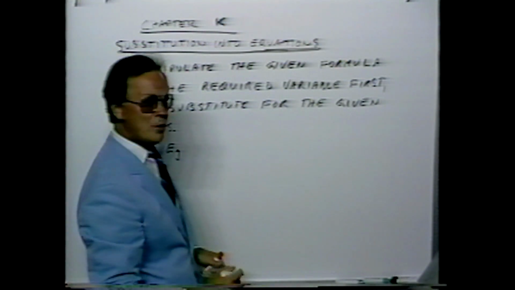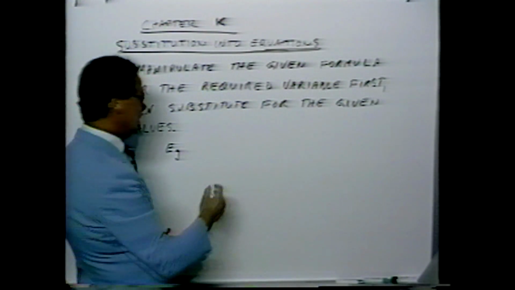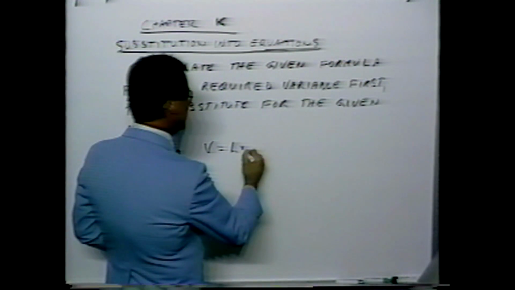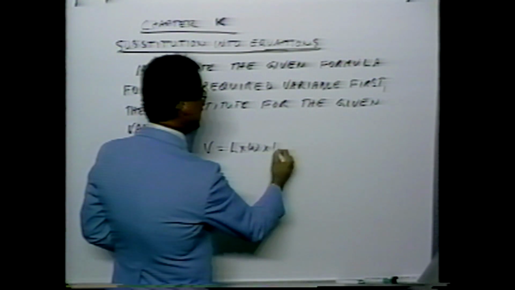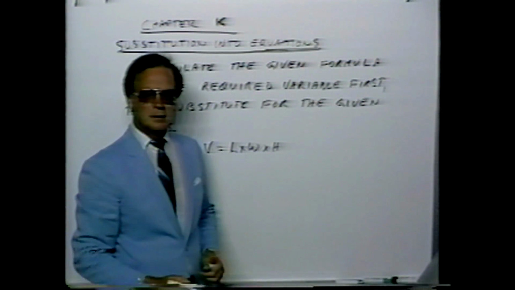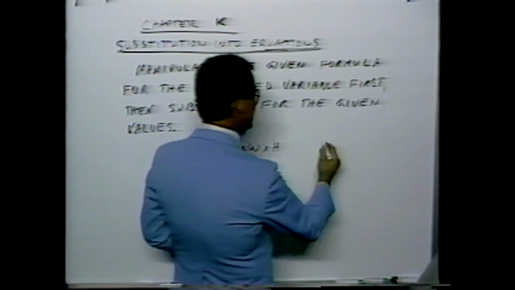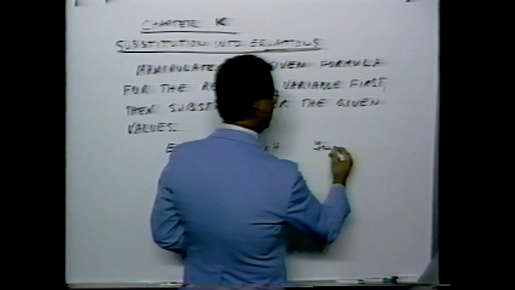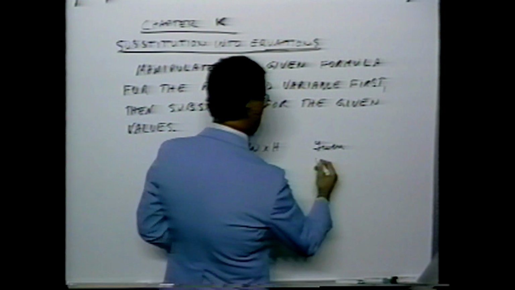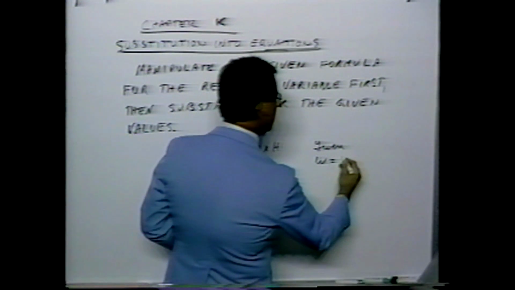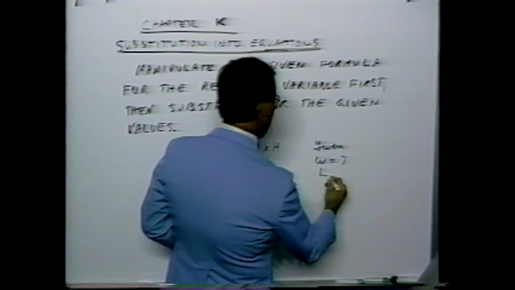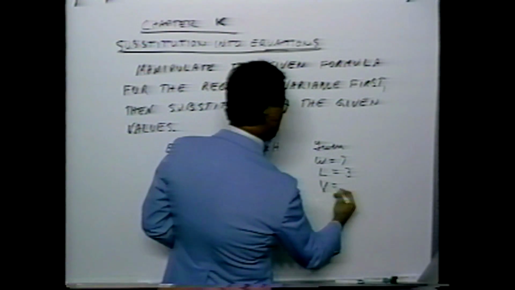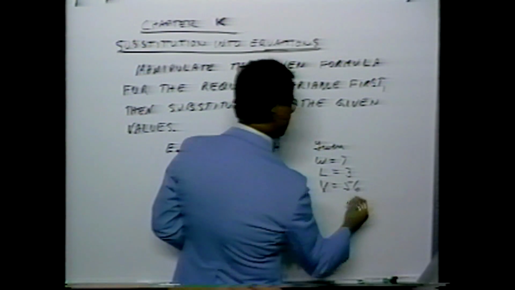A well-known formula dealing with volume is volume equals length times width times height. Let's suppose we want to determine the height given that W is 7, L is 3, and V is 56.